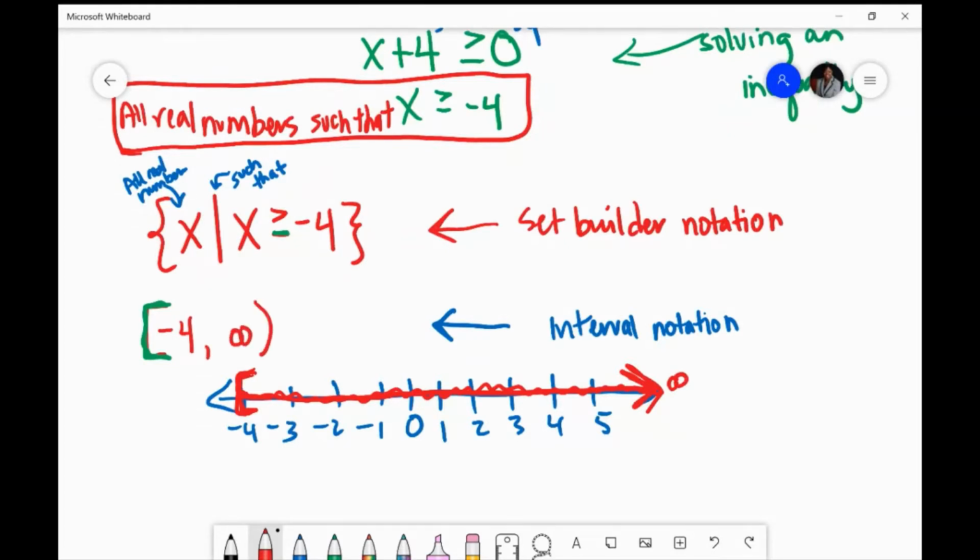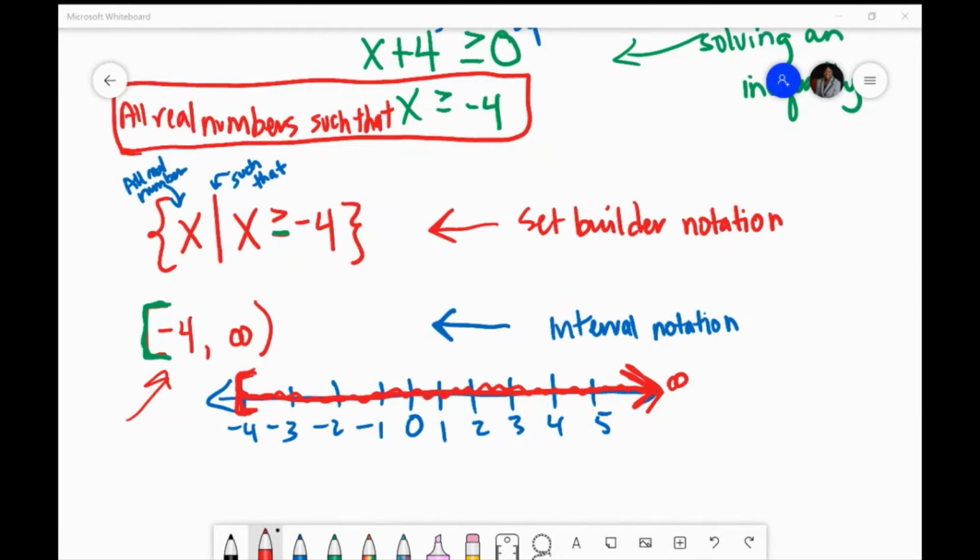This notation means everything between negative 4 and infinity, including negative 4. Now, if we had a parenthesis by the negative 4, that means it does not include negative 4.